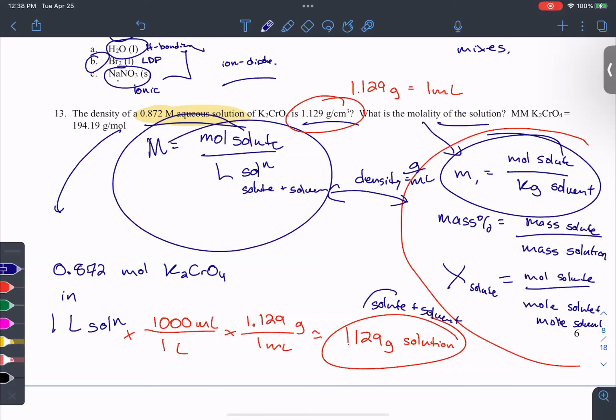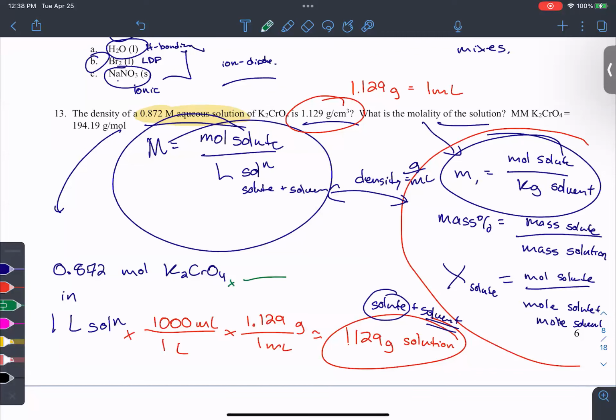So I need to figure out how much solute is present, because if I figure out how much solute is present, I can figure out how much of that mass is solvent. How can I get the mass of solute present? You already have mole amounts, yay! If I know the mole amount, can I figure out how much that weighs?